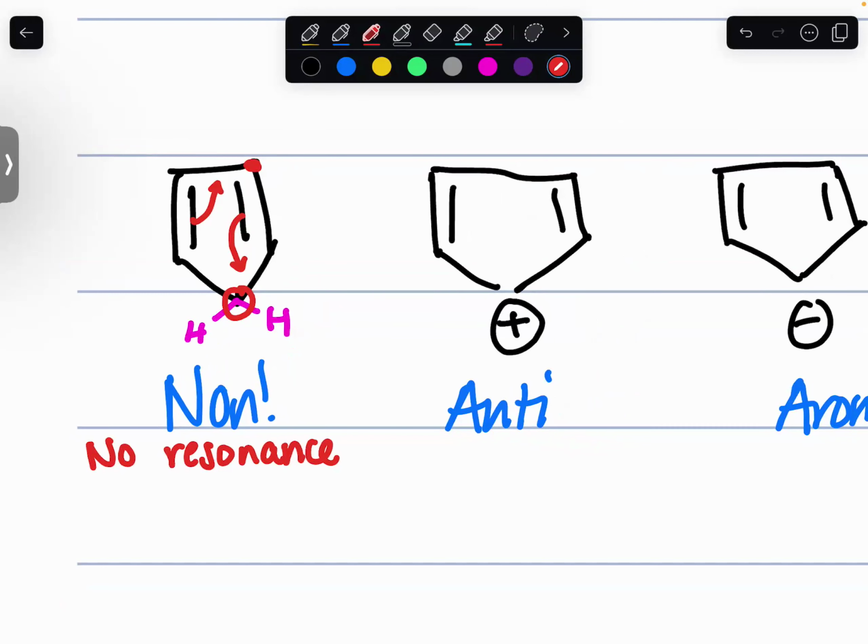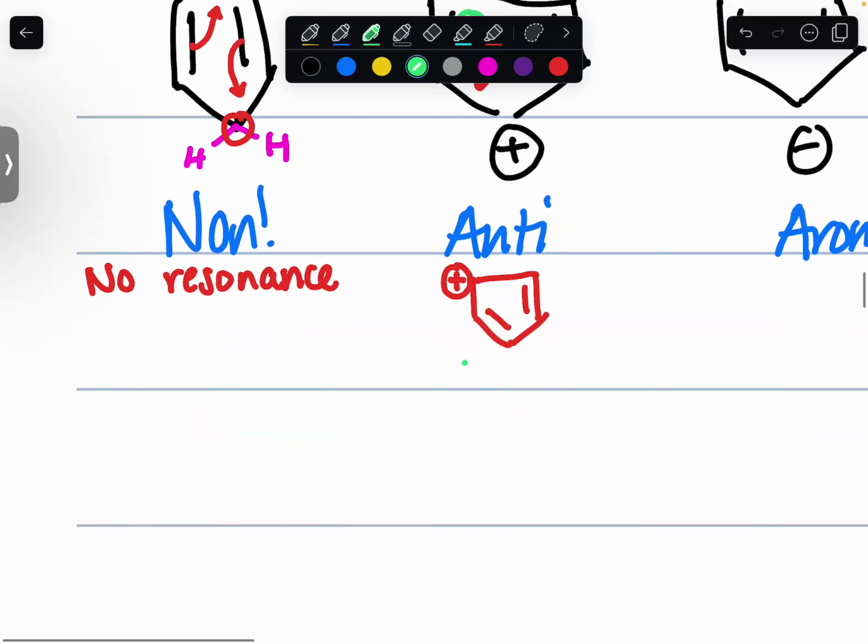But this one, the second one, you can push this here and make this. And then you could continue pushing around, putting the carbocation basically on every position. So you do have the conjugated system. So now we do our equation. We have 2 from this pi bond, 2 from this pi bond.